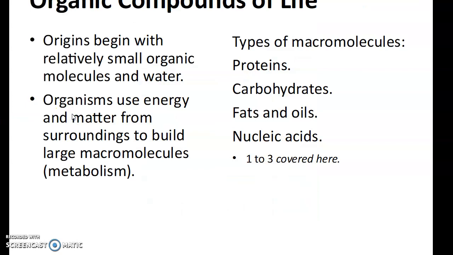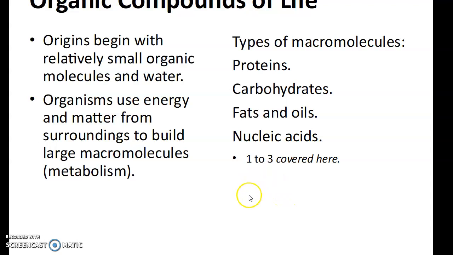Now, organic compounds are the compounds of life. The small molecules use energy and matter surrounding them to build larger macromolecules. Back in biology, you had the photosynthesis process, where incoming light hits the leaves in the tree, and it converts the carbon dioxide and water into glucose, a sugar.